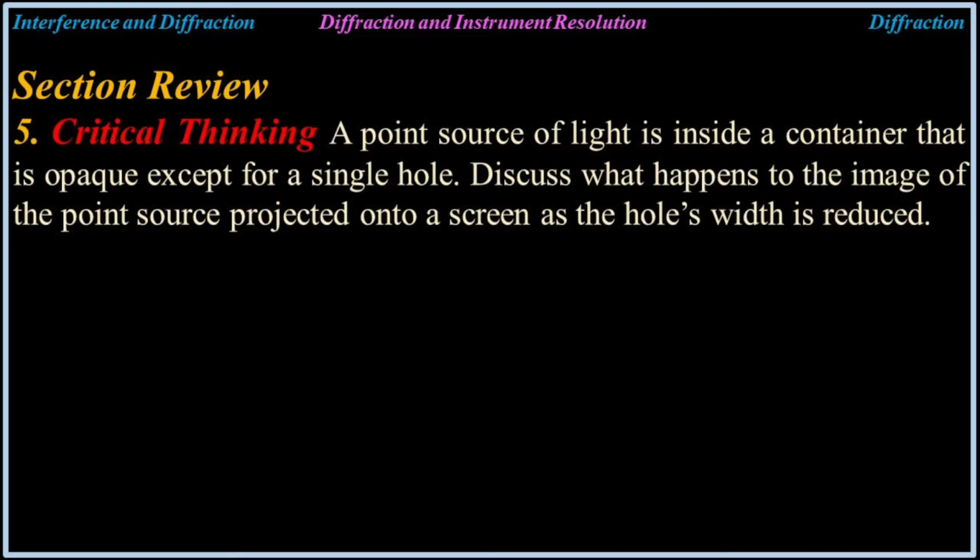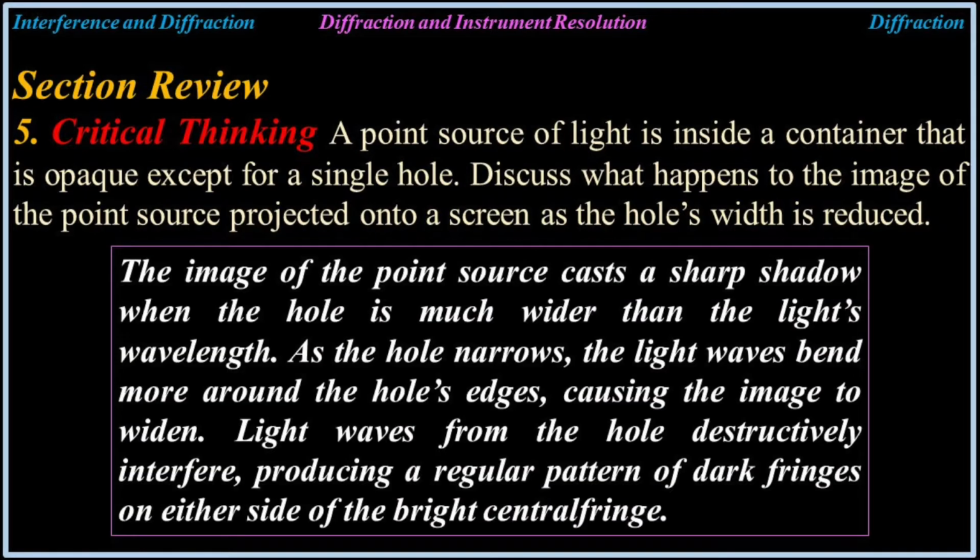Number 5, critical thinking. A point source of light is inside a container that is opaque except for a single hole. Discuss what happens to the image of the point source projected onto a screen as the hole width is reduced. The image of the point source casts a sharp shadow when the hole is much wider than the light's wavelength.